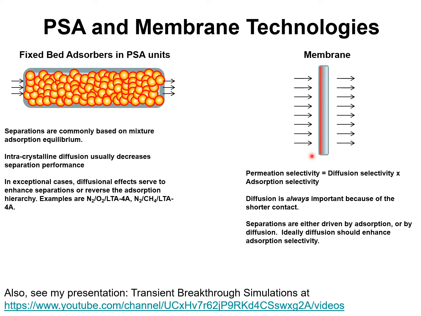The permeation selectivity is a product of the diffusion selectivity and the adsorption selectivity. Intracrystalline diffusion is always important in membrane separations, and ideally the diffusion selectivity should enhance the adsorption selectivity.